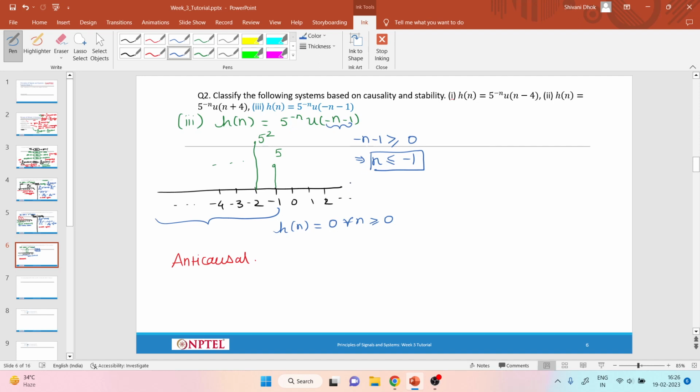Maybe mentally I'm following another model, like minus n minus 1 can be written as minus of n plus 1. Then you shift left and then invert? No, here it's like this. See, this is your u of n.